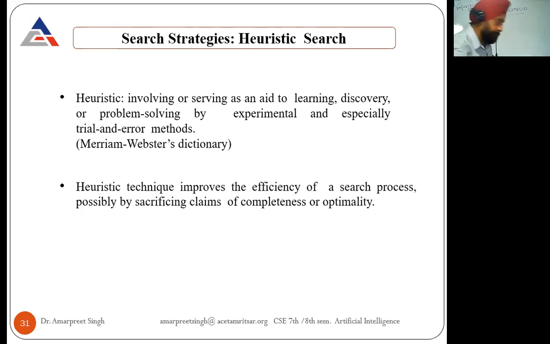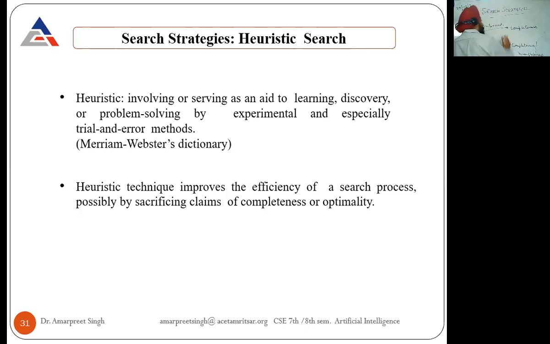So what happens in uninformed search? It has the property of completeness, but informed search can be complete or incomplete. Both situations can be there. Completeness is not guaranteed.